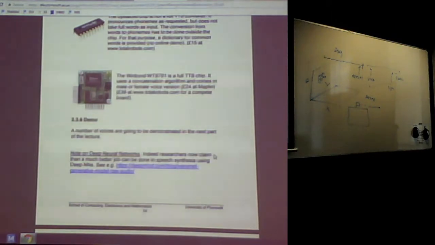I mean, these slides are a few years old, so there could be better stuff around right now. At some point, the Winbone was famous. It's quite expensive, and it uses a concatenation algorithm, which is like the diphone algorithm. It does proper text to speech. You give it words from a text.